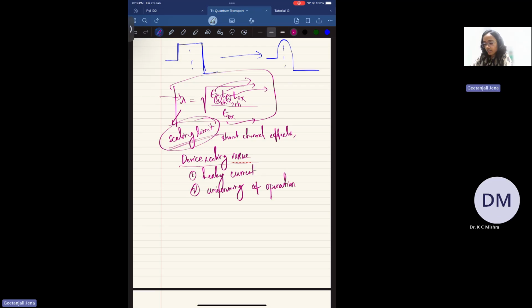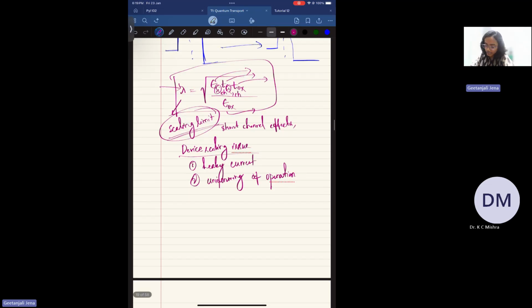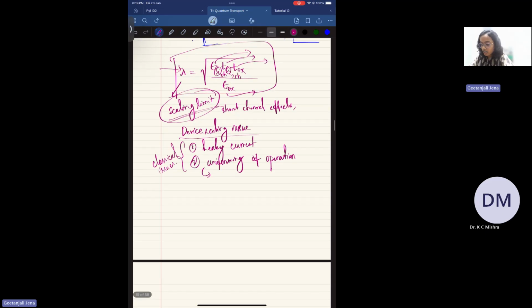Because of this size reduction, there will be a change in doping, and the doping charge carriers are non-uniformly distributed. Because of this, there is no well-defined doping profile, and the performance fluctuates from one device to another. These are two of the classical issues that we will see if you reduce the device length.